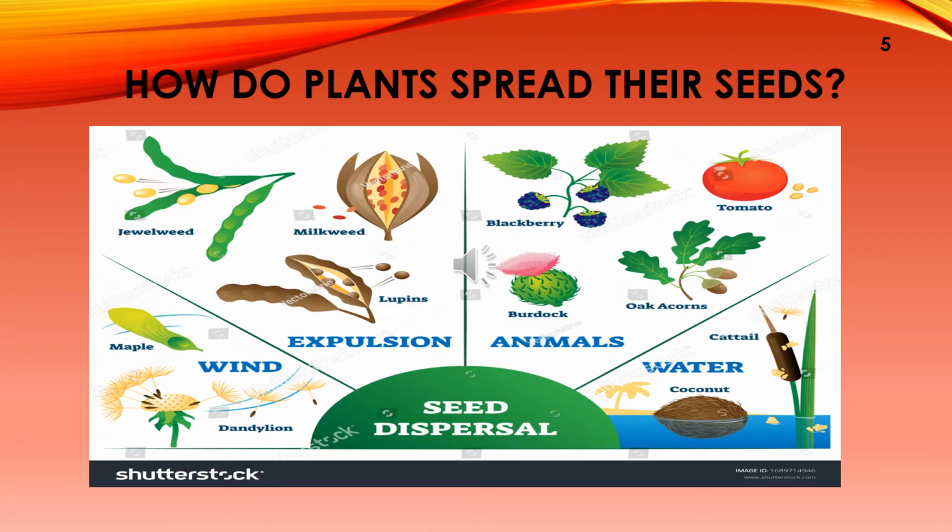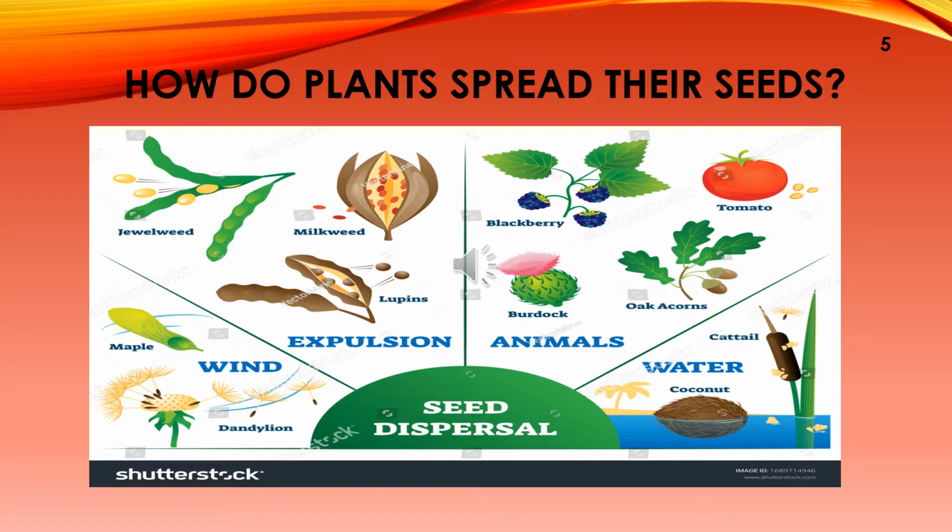Page number 5. How do plants spread their seed? It's a question, and you're going to find the information to complete that question on page 40. Now, look at the top of your page.